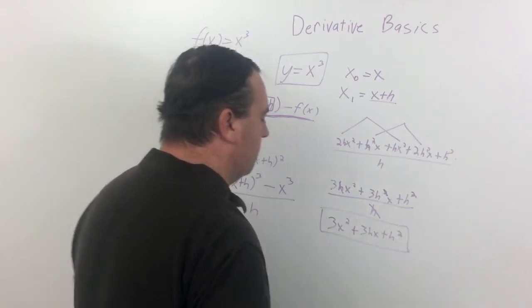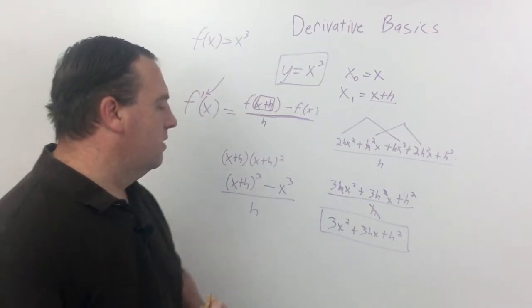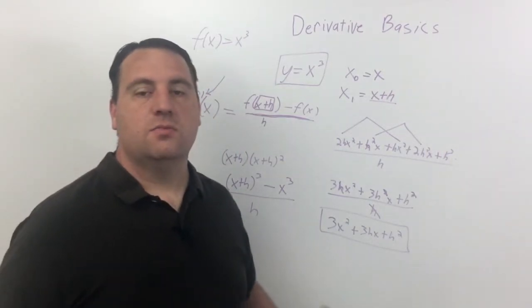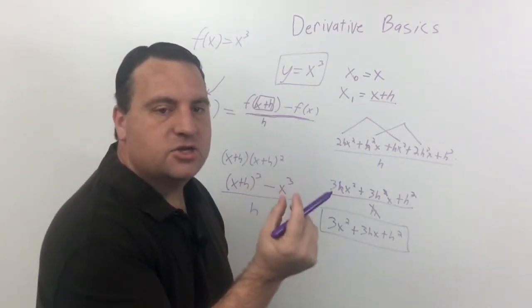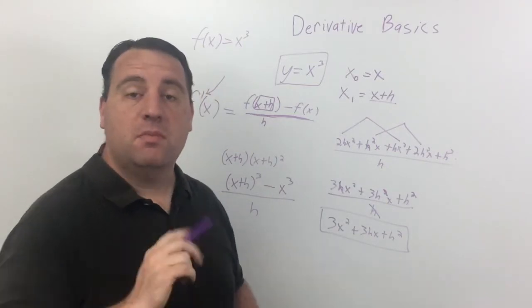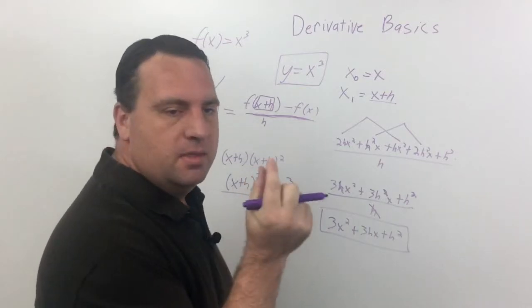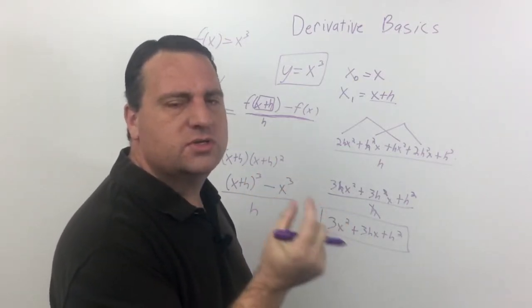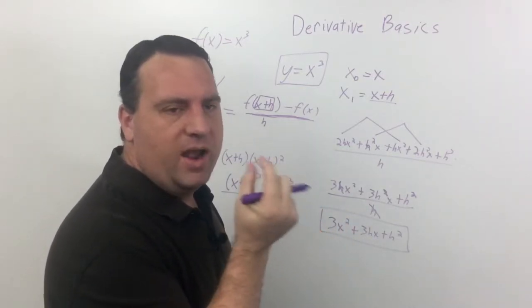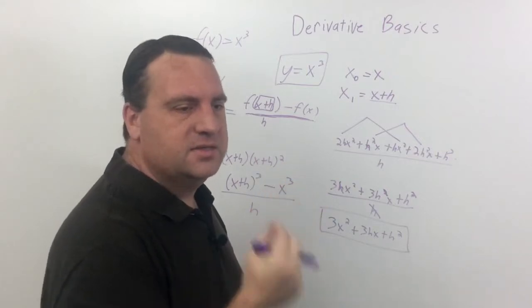And so this is the formula for the slope between any 2 points that are h distance apart. But remember what we do next. Next, we say, well, what if the two x values are so close together that the distance would be practically 0?